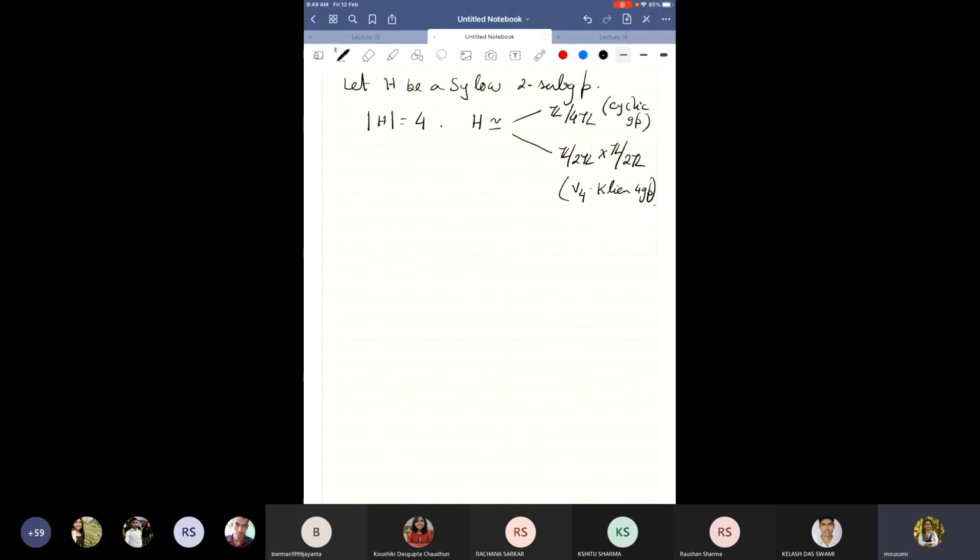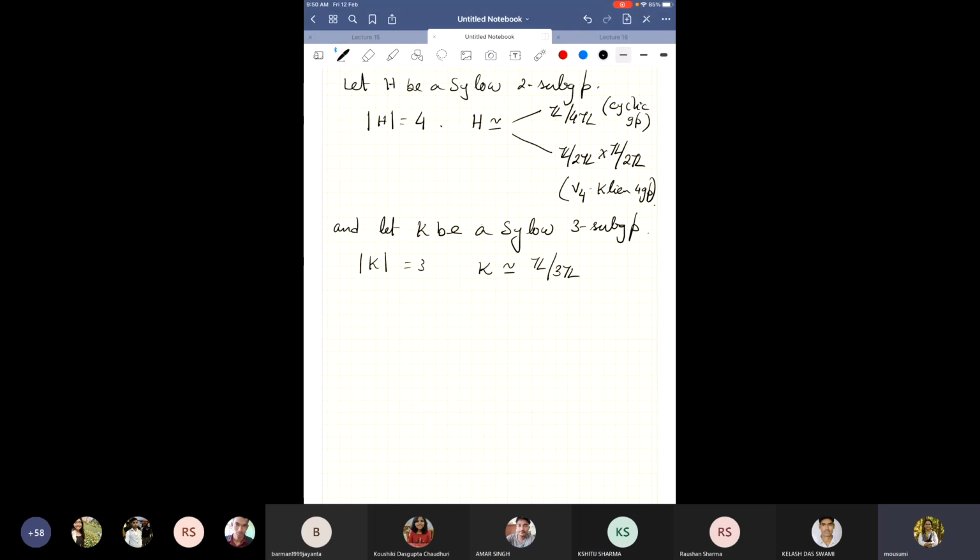Okay, and let K be a Sylow 3 subgroup. Then the order of K is equal to 3. And what will be the structure of K? Isomorphic to Z3. Yeah, this will be a cyclic group because 3 is a prime number.